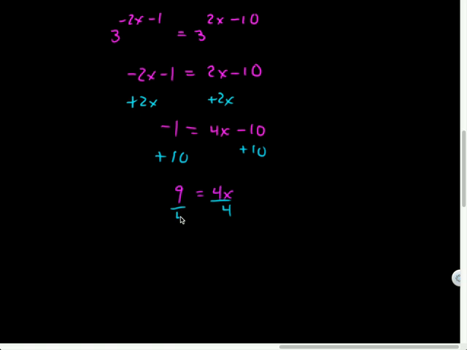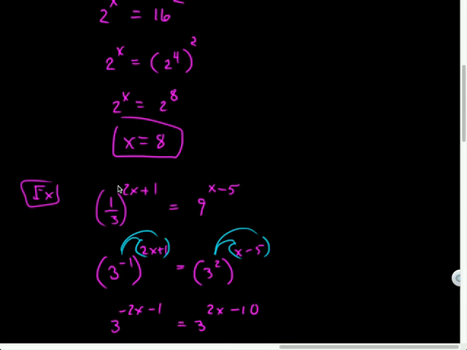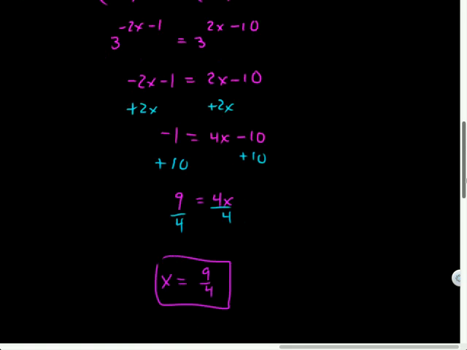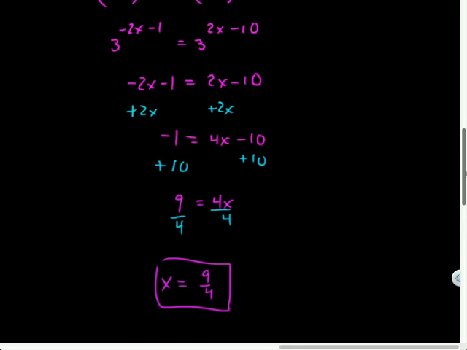So x is equal to 9/4. Voila. And technically we could do a check on this if we wanted by plugging in 9/4 into both of these locations. And oddly enough, they would work. So good stuff.